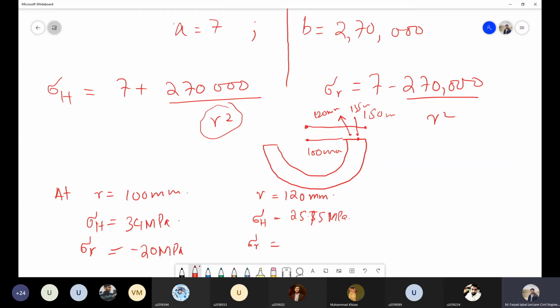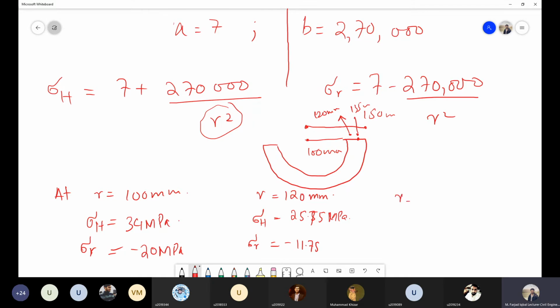How much is the radial stress? Minus 11.75. Minus or plus? Minus, sir. Minus 11.7. Okay, so it comes out to be minus 11.75.